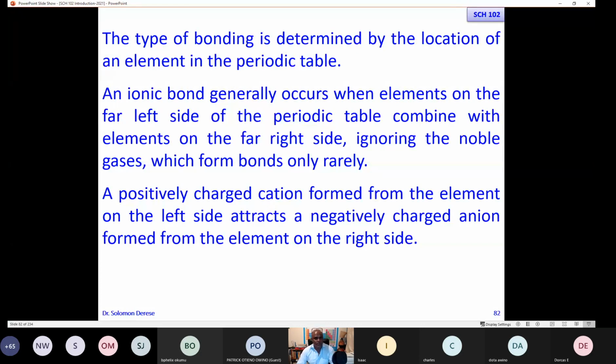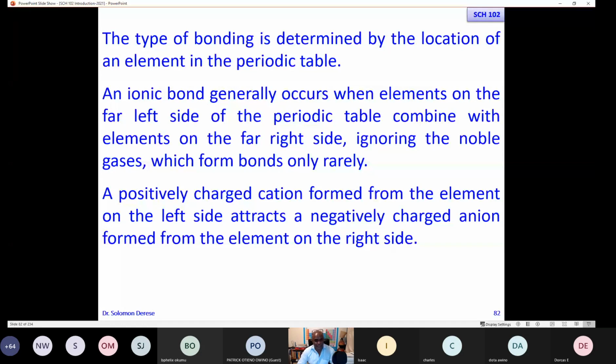Of course, during the process of ionic bonding, the element on the far left, like sodium, potassium, lithium, etc., will lose electrons, and the element on the far right of the periodic table, like fluorine, chlorine, iodine, will gain electrons.